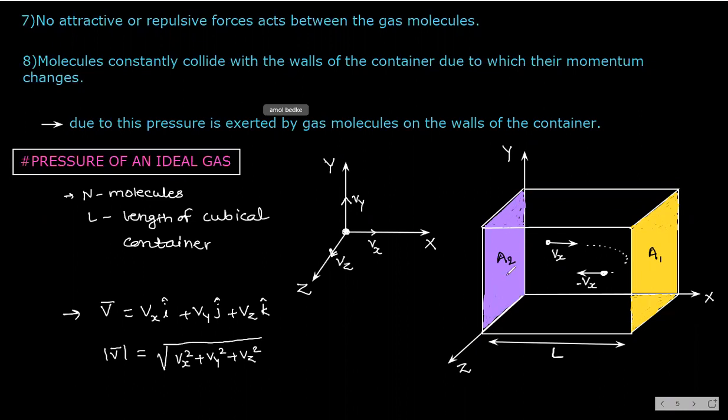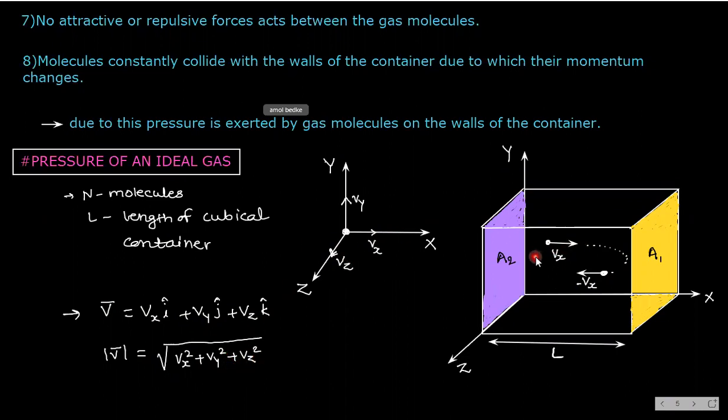Now this A1 and A2 is the area, and you can see this one molecule is going with velocity Vx, colliding with this wall, and again it is moving in the opposite direction with the same velocity. So this molecule has velocity Vx along X, Vz along Z, and Vy along Y. So V bar is Vx i cap plus Vy j cap plus Vz k cap, and its magnitude will be the square root of Vx square plus Vy square plus Vz square.